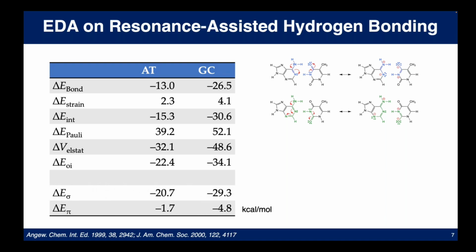Due to the symmetry of the AT and GC base pairs, they have Cs symmetry, so you can decompose into sigma and pi electrons. What we saw is that the large orbital interaction comes from the sigma, so minus 20.7 and minus 29.3.